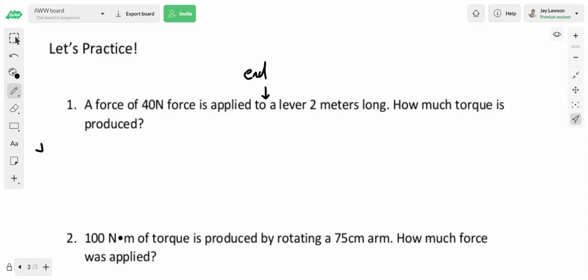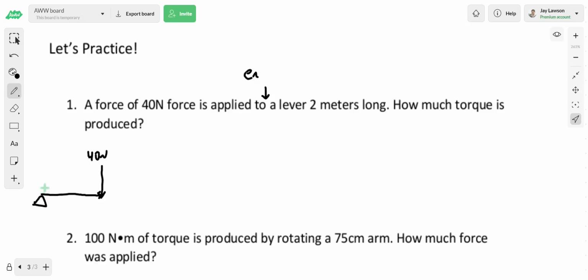Well, I'm going to approach these problems the same way I did the Newton's second law problems, by drawing a picture. There we go. So here I have a lever that is 2 meters long, and a 40 Newton force is being applied to the end of the lever.